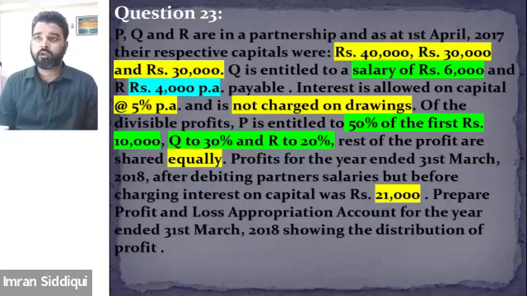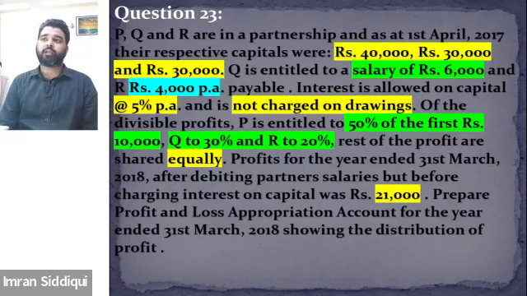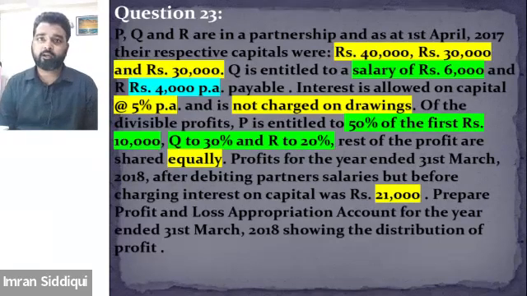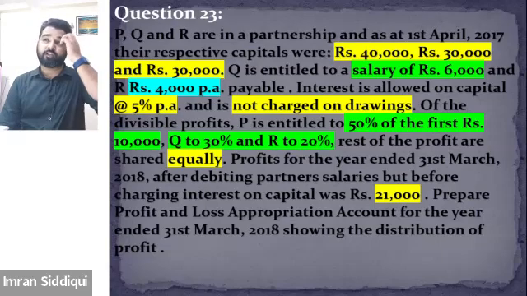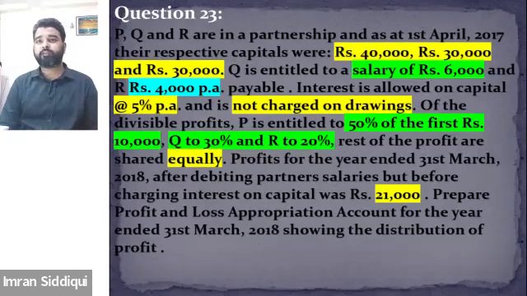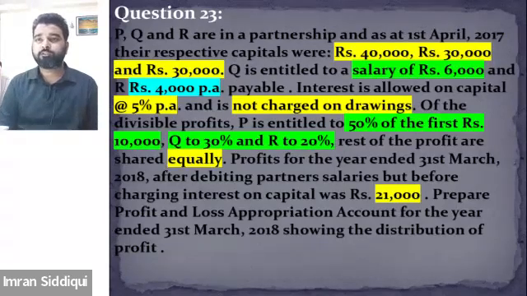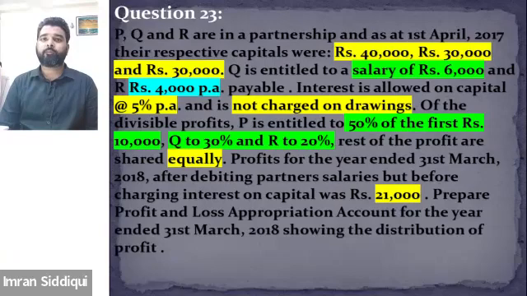Q is entitled to a salary of 6,000 and R is entitled to 4,000 per annum. So both partners are entitled to claim salary of 6,000 and 4,000. Only Q and R are claiming salary. P is not entitled to claim salary. Interest is allowed on capital at 5% per annum and is not charged on drawings.